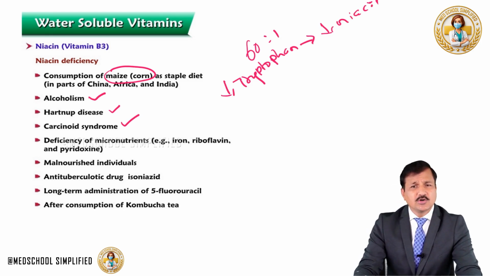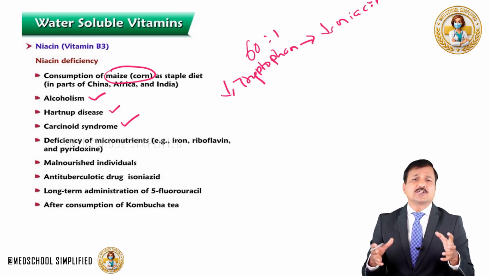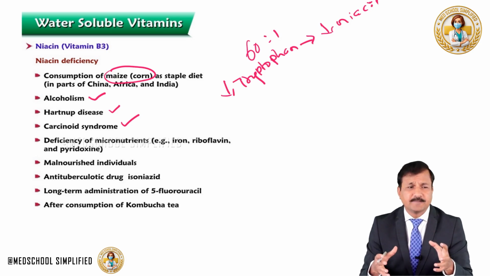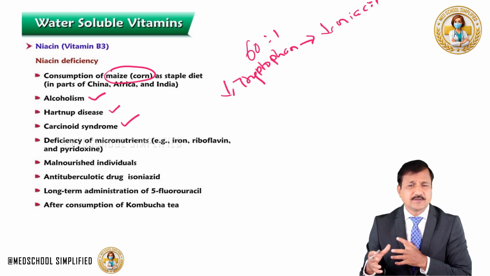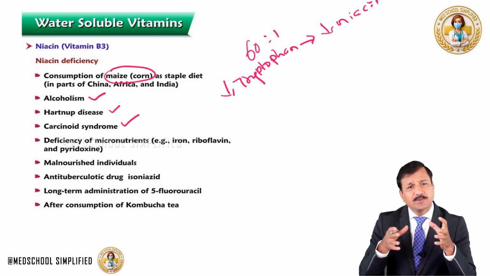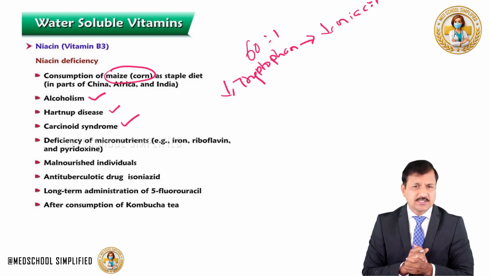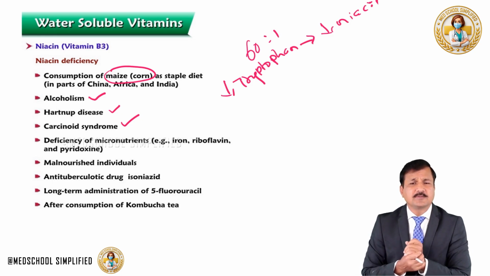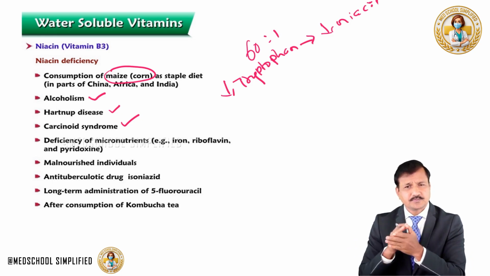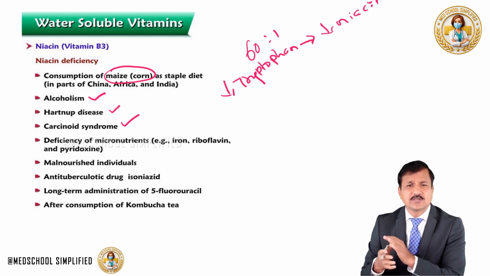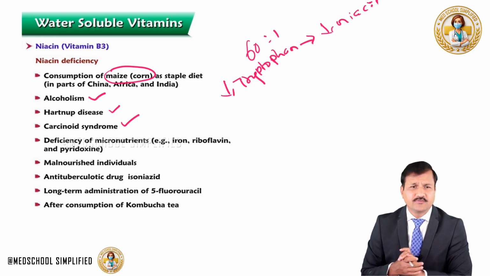Coming to carcinoid syndrome, what happens? In carcinoid syndrome, there is increased diversion of tryptophan into serotonin rather than niacin formation. Normally, 90% of the tryptophan is diverted into protein synthesis, around 9% goes into niacin formation, and around 1% goes into serotonin formation.